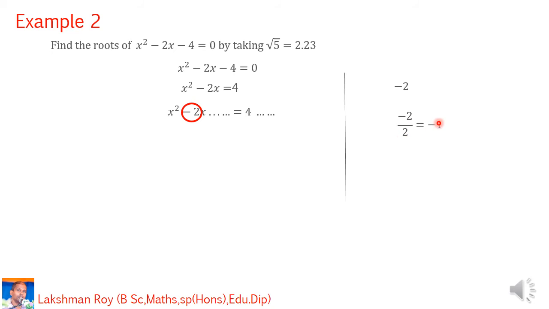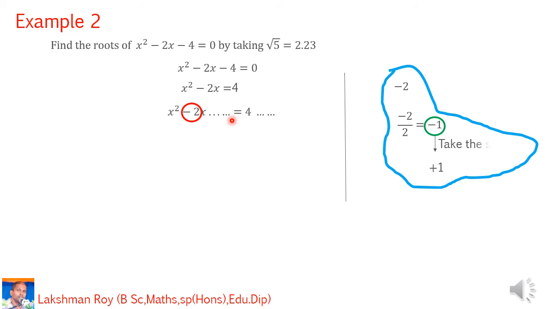Take the square of this term, negative 1 square, negative 1 into negative 1, positive 1. Now you have to add positive 1 here, positive 1 here, right? Now x square minus 2x plus 1, right side, 4 plus 1 is 5, right?